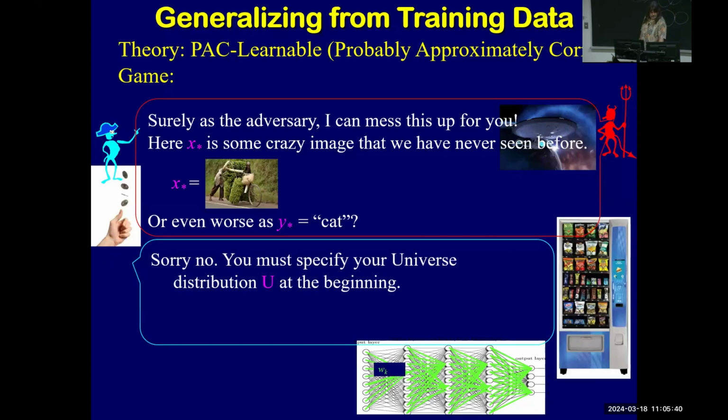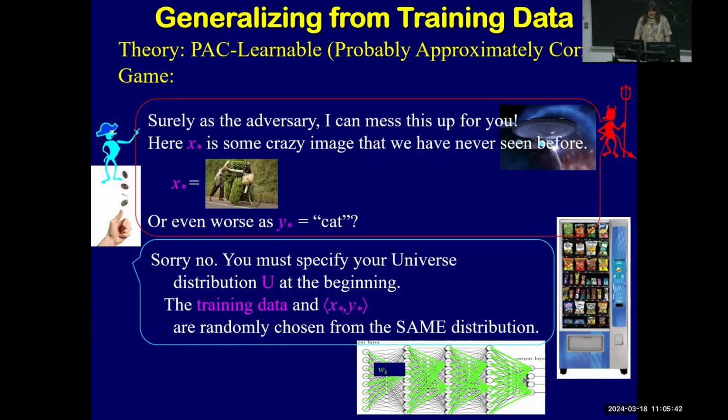The adversary got to choose the distribution on their universe, but it had to choose it at the beginning. Remember, the order in which you play the game really matters, right?